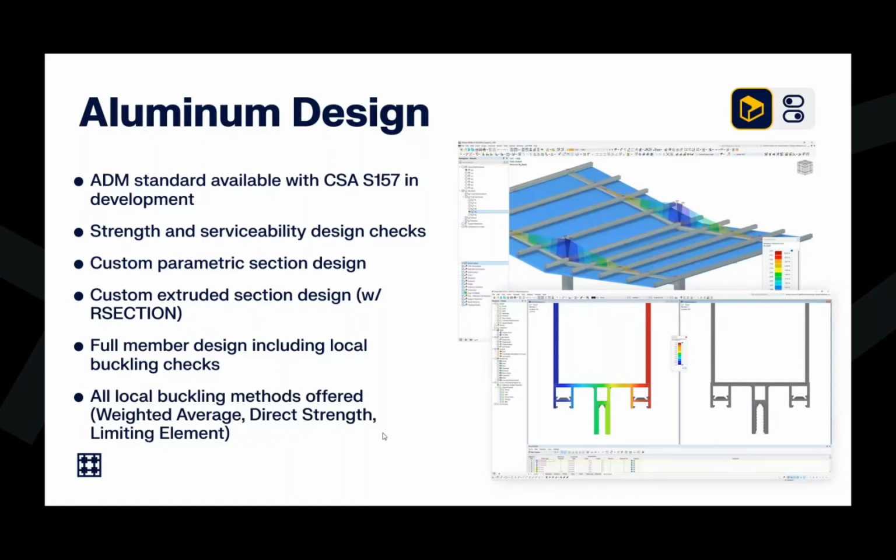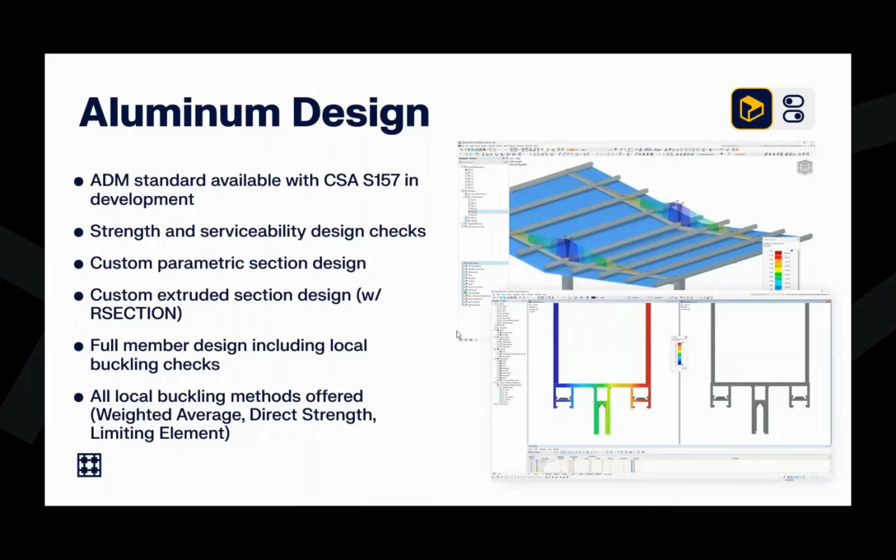I'll get into the details of our section program in a few minutes, but essentially I can bring in this custom extruded shape, like what we see over here on the right-hand side, and get full member design according to the ADM. Not only this, as you heard me say with cold-formed steel, we can also get the local buckling checks.